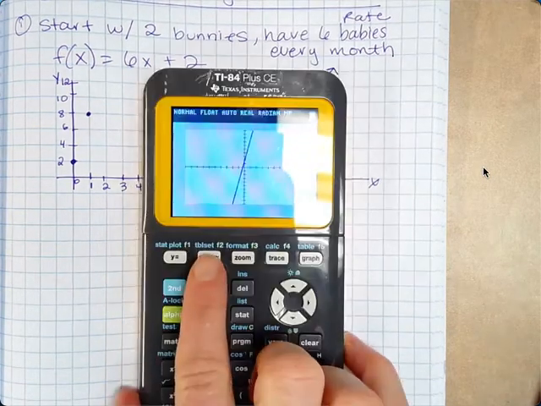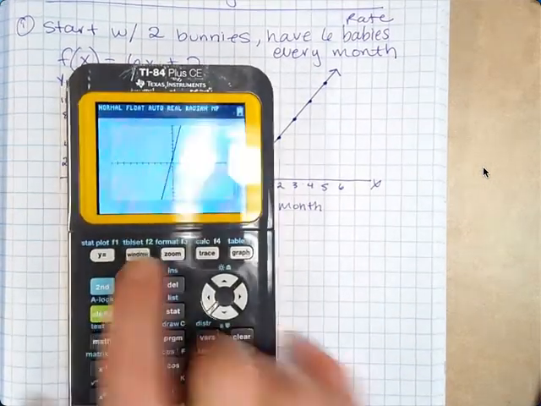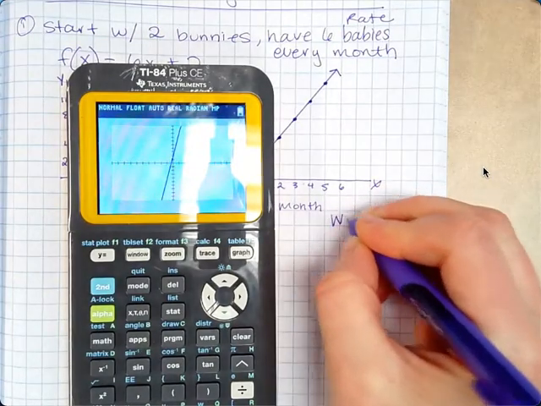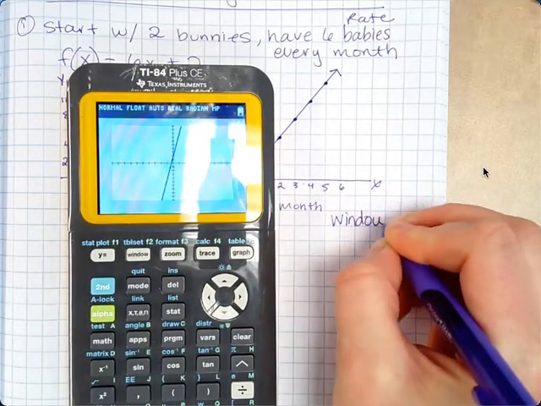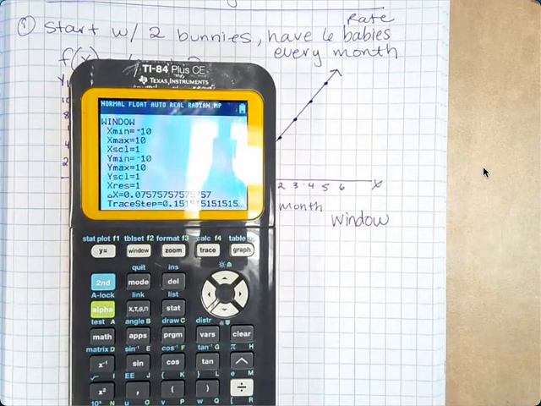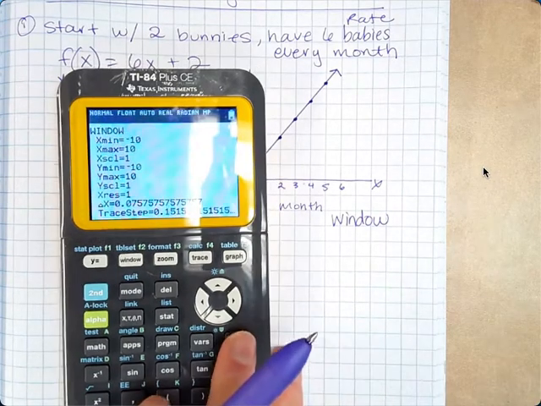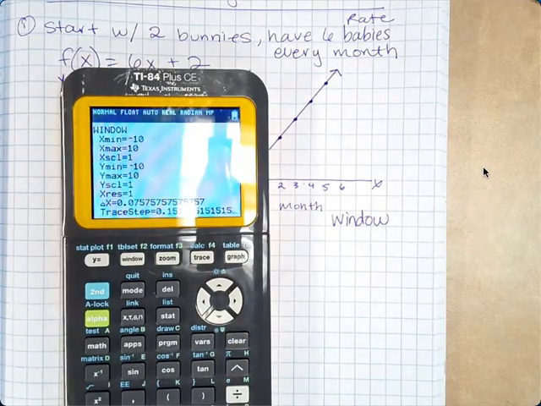So what we can do is we can actually change the window. So let's click on window. This is like, we have the whole world outside, okay? But we can only look through that window right there. You can only see part of the world.